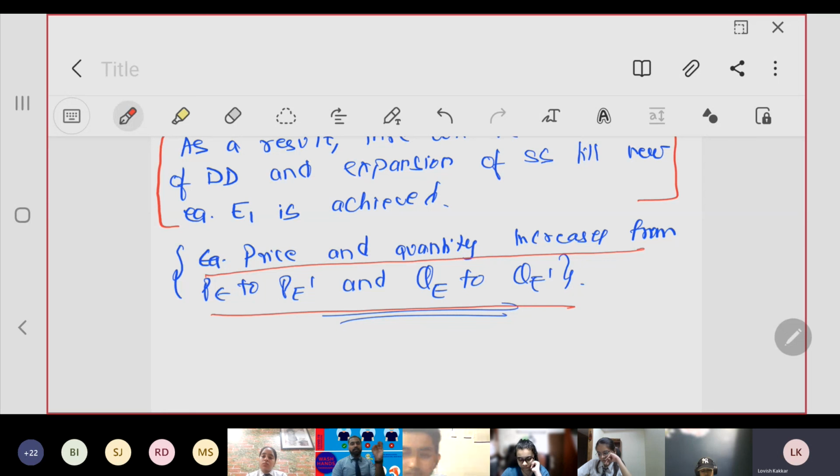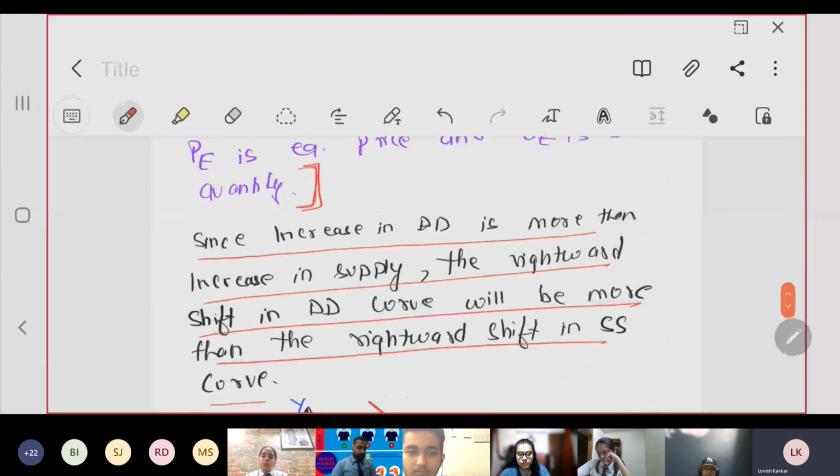It has only asked about a simultaneous increase in demand and supply, which means explaining all 3 parts. So in a 6 marker, every part becomes 2 marks. So you will write only this.